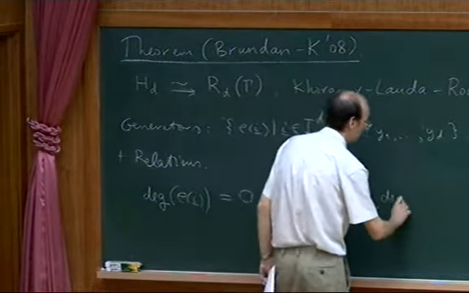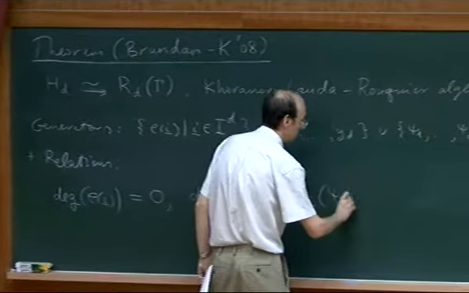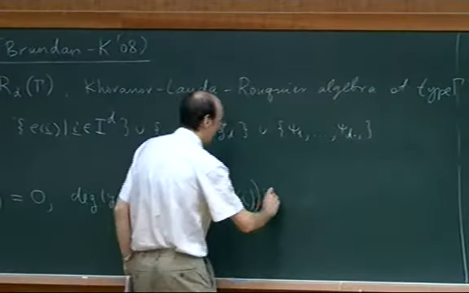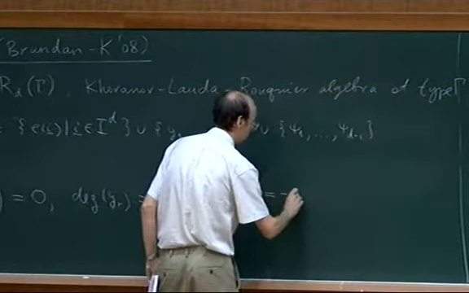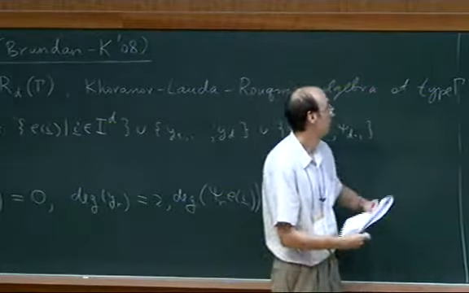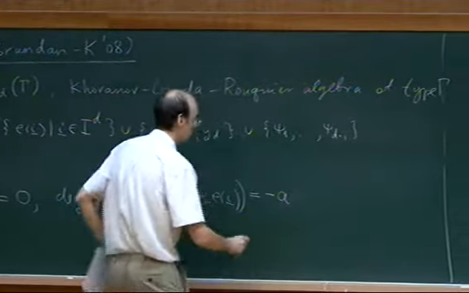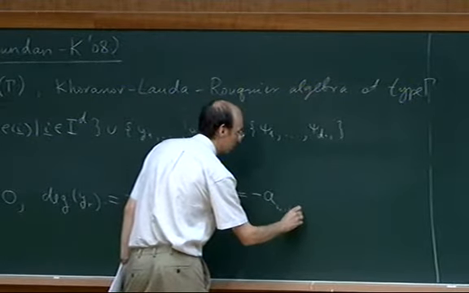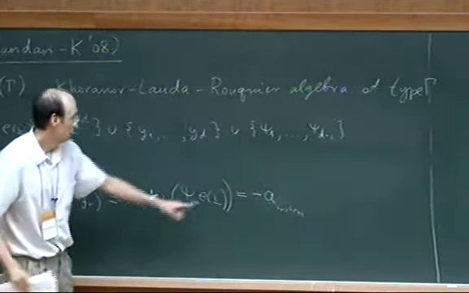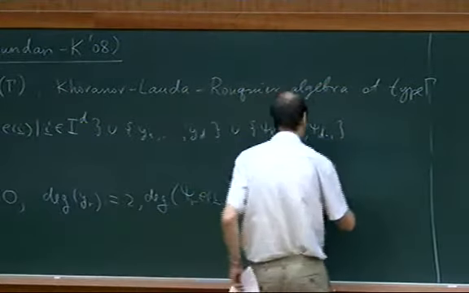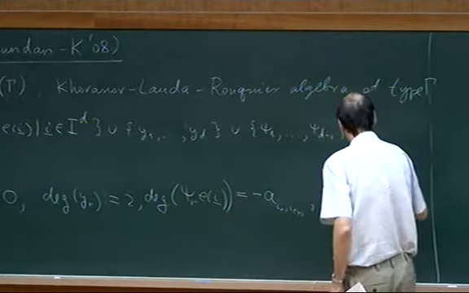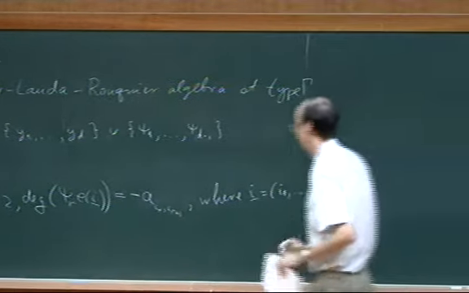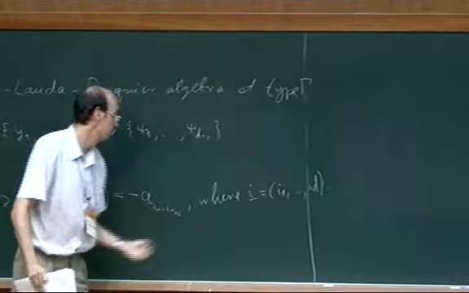And then the degree of psi_r times the idempotent e(i) is going to be precisely the matrix entry in the Cartan matrix corresponding to the Lie type gamma, corresponding to the Dynkin diagram, with a minus in front. So it's minus a_{i_r, i_{r+1}}, where the tuple i has entries i_1 through i_D. Remember those are vertices of the Dynkin diagram.